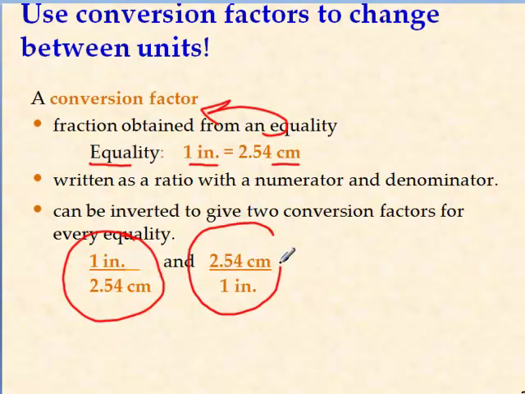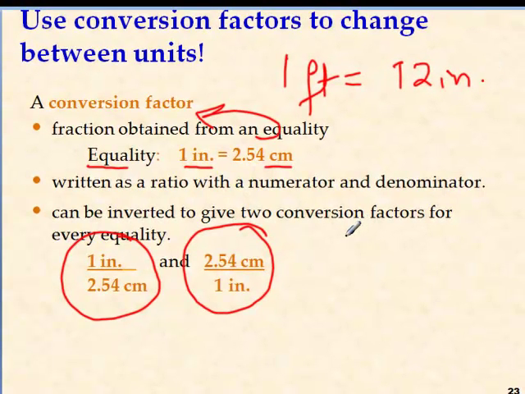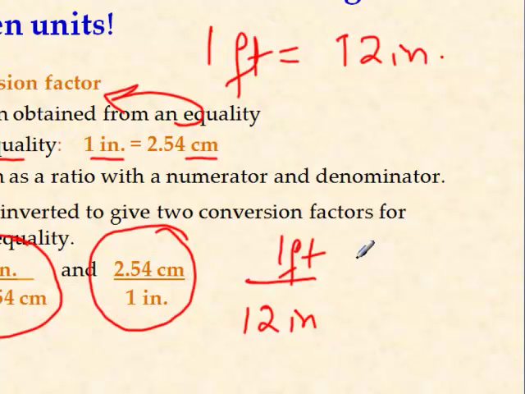Now it's important to know that every equality can be expressed as a conversion factor. So for example, if I go back to my 1 foot is 12 inches, and I have to do my conversion factor, then I can express it as 1 foot over 12 inches, or I can say 12 inches over 1 foot. These would be considered conversion factors.